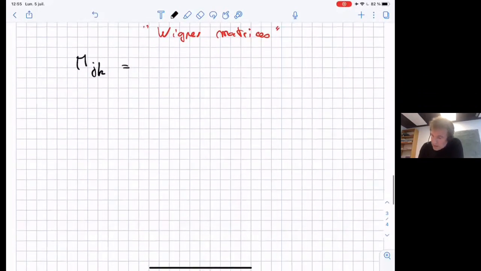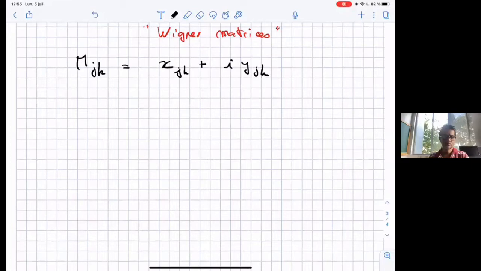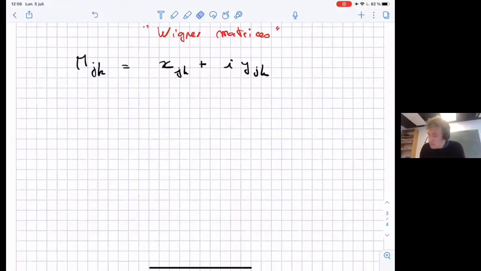I will just denote by X and Y the real and imaginary parts, so X_jk and Y_jk are both real, of course. By definition, the X's and Y's are just random and real.